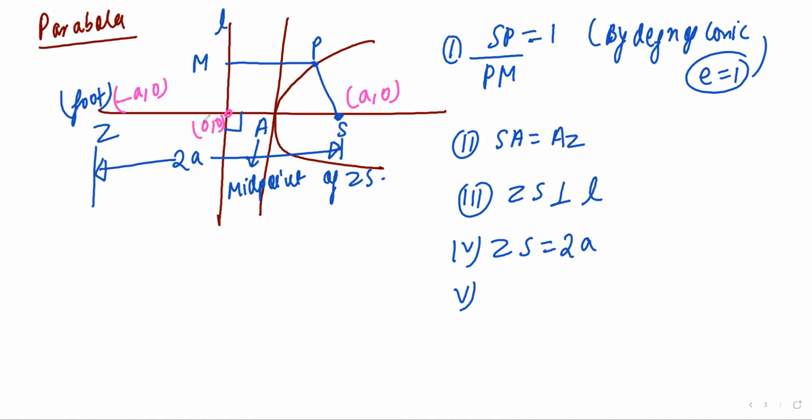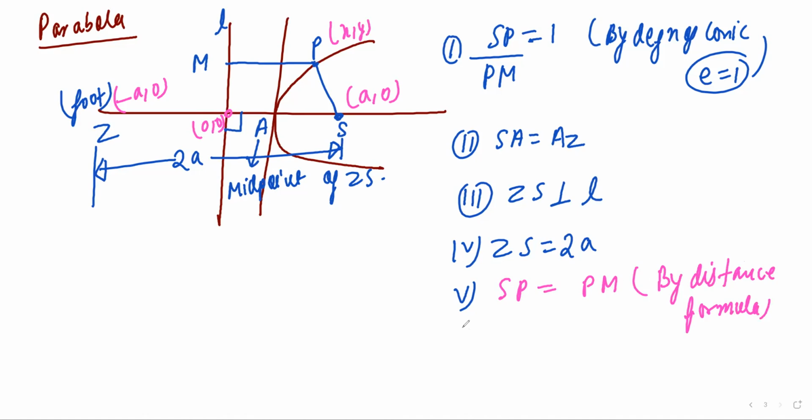So let's take the point P, that is x comma y. As we know, SP is equal to PM. So by the distance formula, we can find the relation between them.